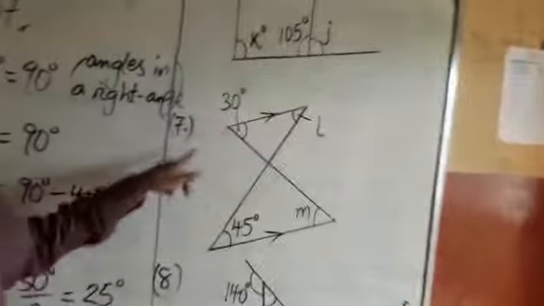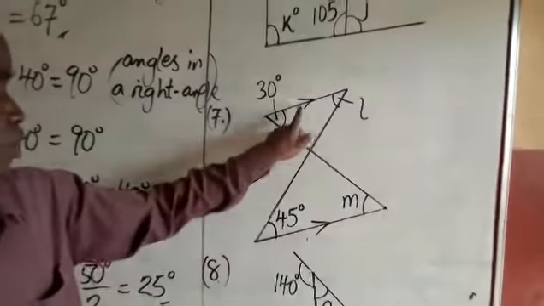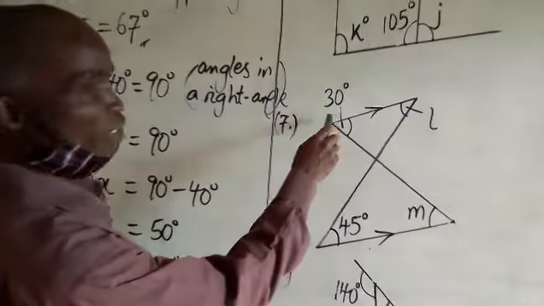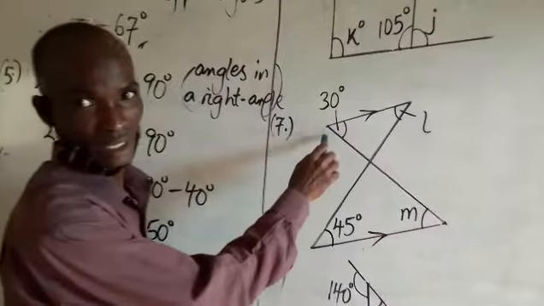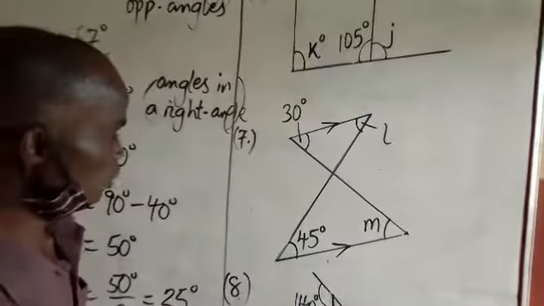Okay? So, this line and this are parallel. That is indicated by the arrow end on the two lines. They are parallel, such that this forms letter Z. Okay? So we have that L is equal to 45 degrees.